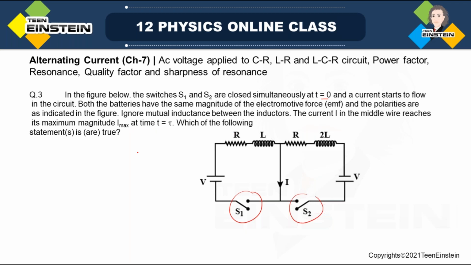I am writing the statements, just see. Statement A is Imax is equal to V by 2R. The second option is Imax is equal to V by 4R.